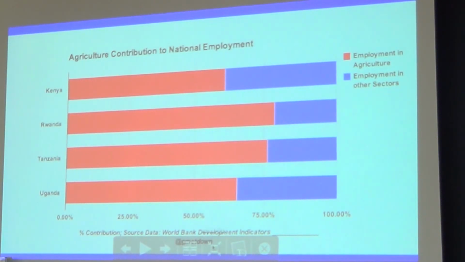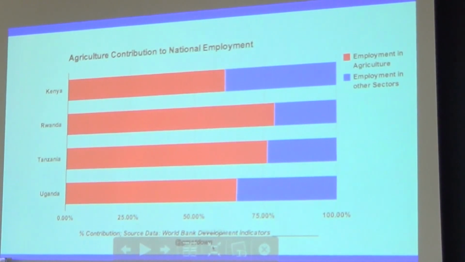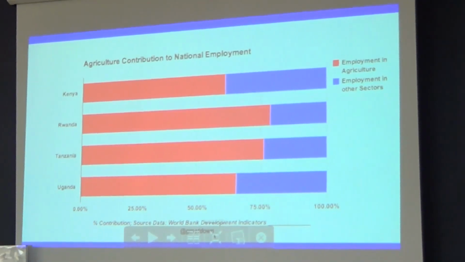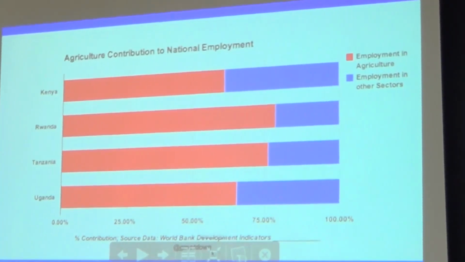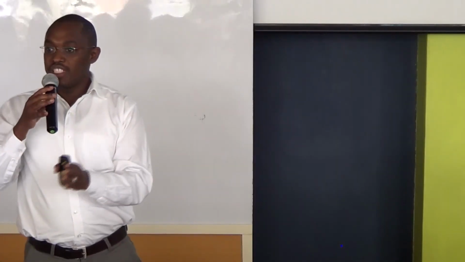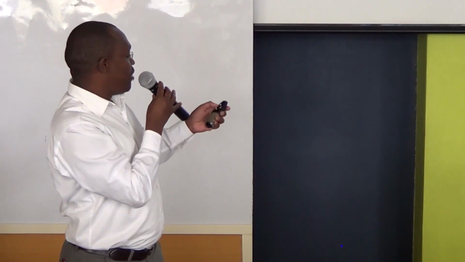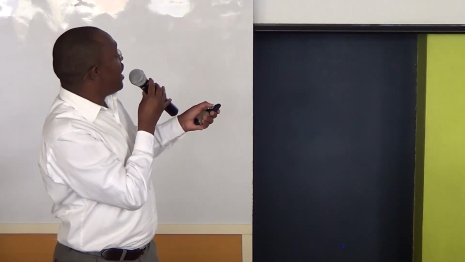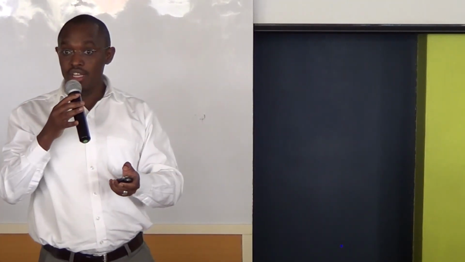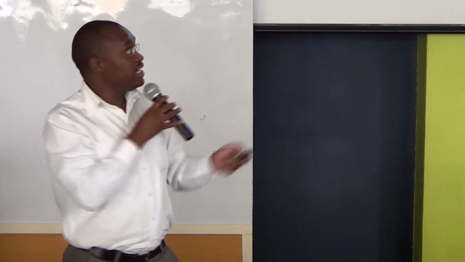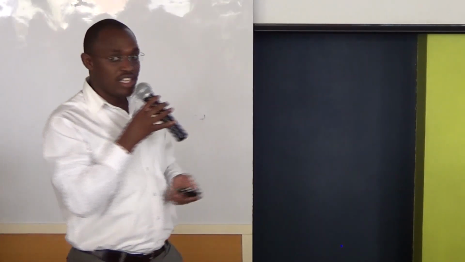2011 statistics show about 40% of Kenyans between 15 and 64 are unemployed. So if you remove that number of people that are unemployed, and then compare that with the actual employment numbers in Kenya, you have about 57% of those who are employed in agriculture.